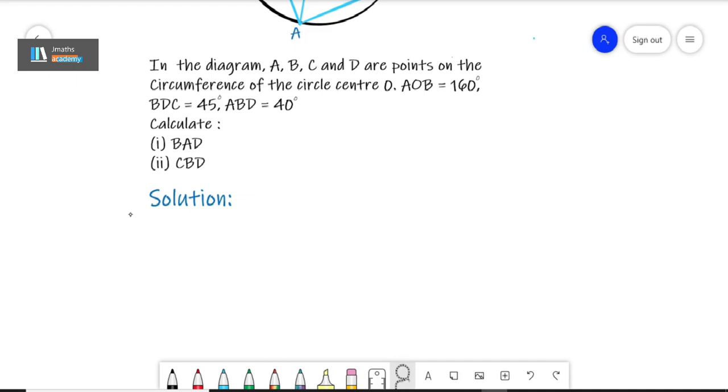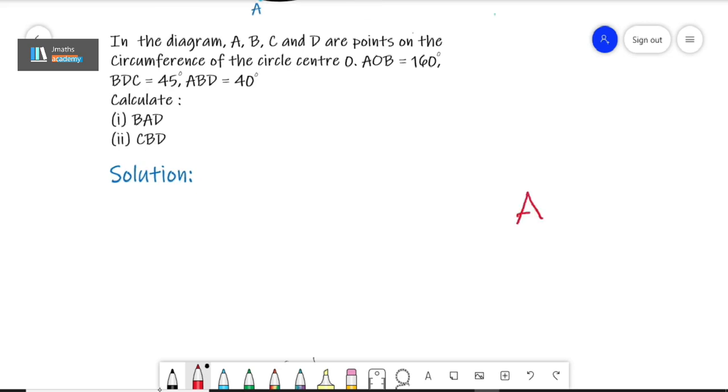Okay, solution. Before solving a circle geometry question, you have to figure out how to identify the angles. The angle AOB is equal to 160 degrees. The angle BDC is equal to 45 degrees.